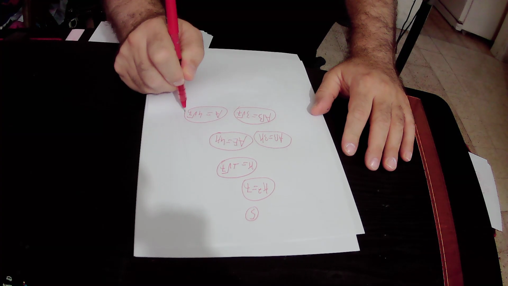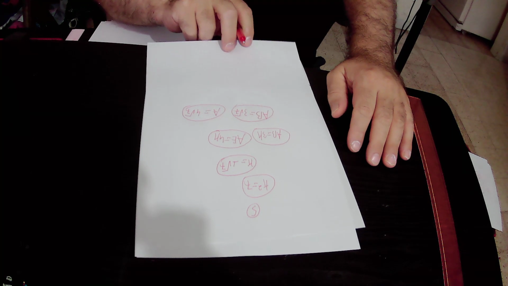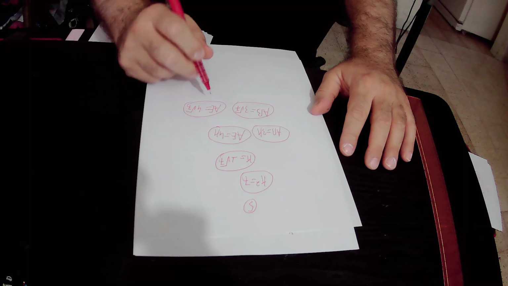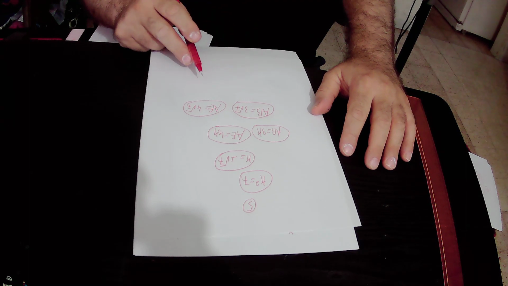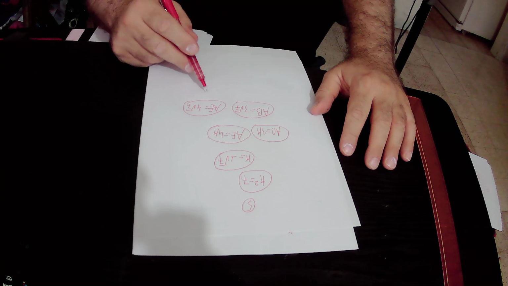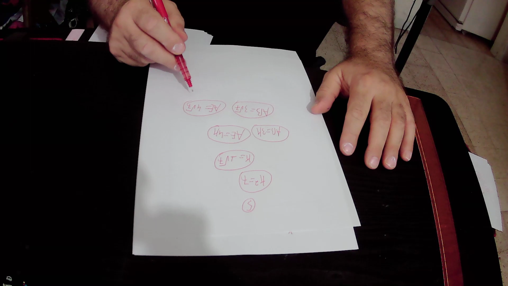Okay, so we actually found out the values of AE and also of AB. AB equals 3 times root 7 and AE equals 4 times root 7.